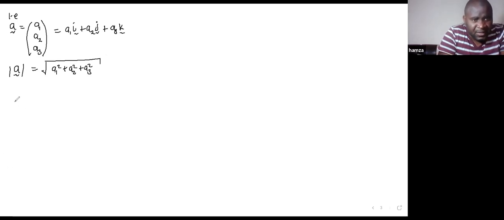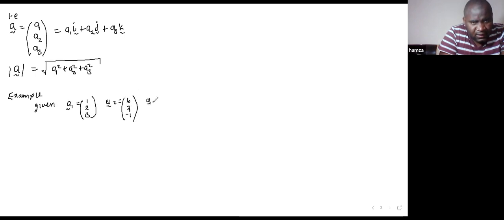And if you want to have an example, given A1, a vector, is 1, 2, 3, A2 is equal to 6, 7, negative 1, A3 is equal to 1, 0, negative 1.